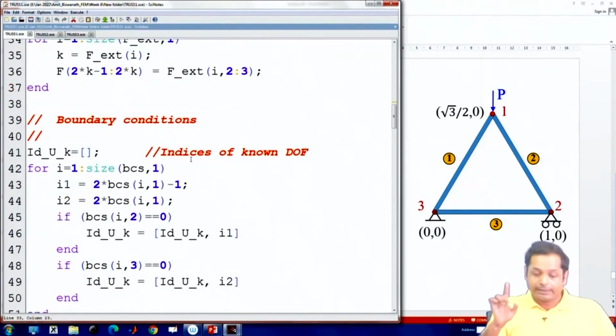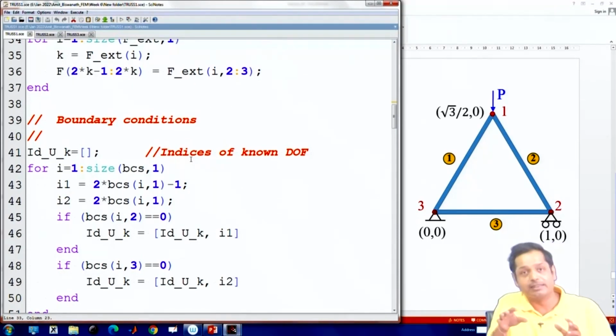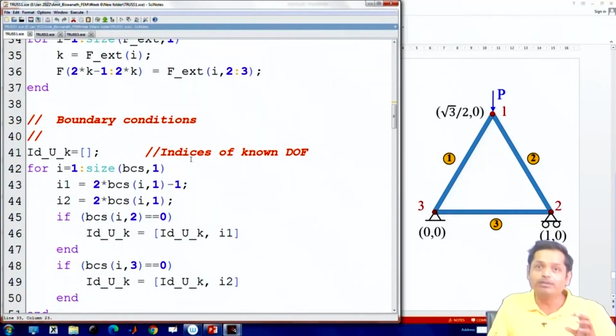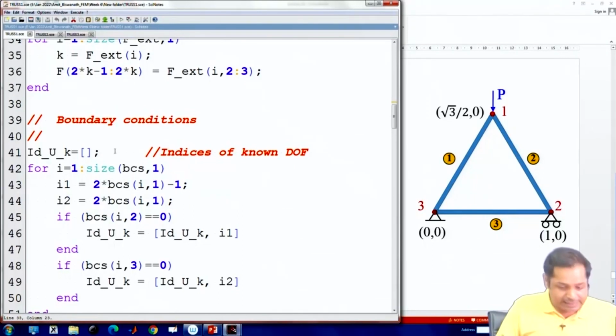Once we have the global stiffness matrix, we have to partition these matrices based on the information we know and the information we don't know, that is, based on the known displacements and the unknown displacements. This is done here. The boundary conditions are IDU, IDU underscore k.